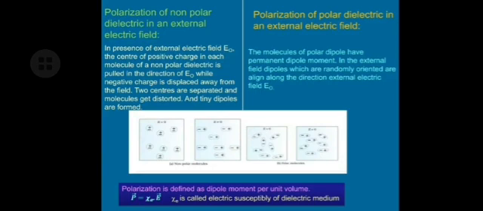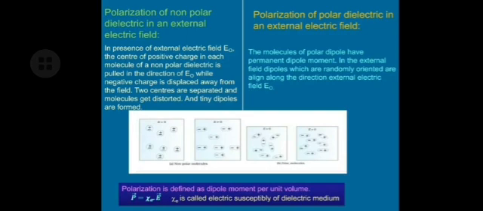Polarization is defined as the dipole moment per unit volume. Remember this definition. This is a very important part. Many times questions in MCQ or one line questions are asked on this topic. Polarization is defined as dipole moment per unit volume.